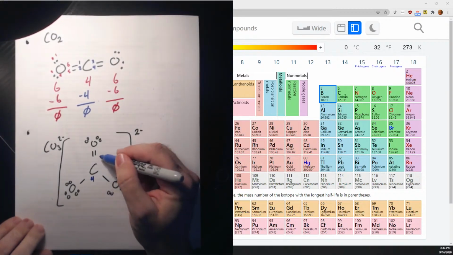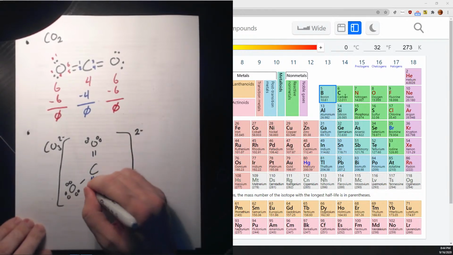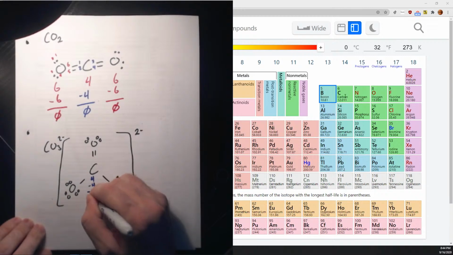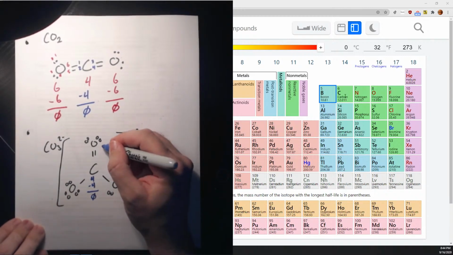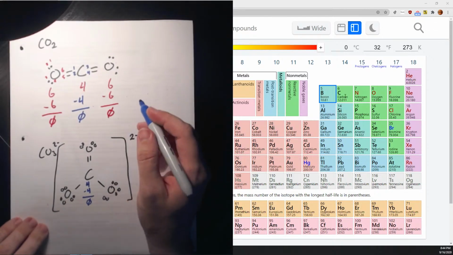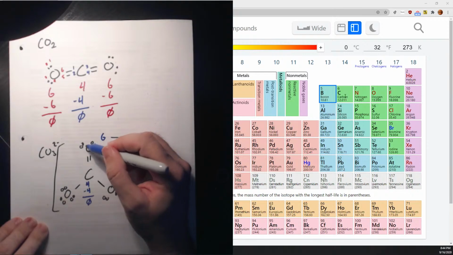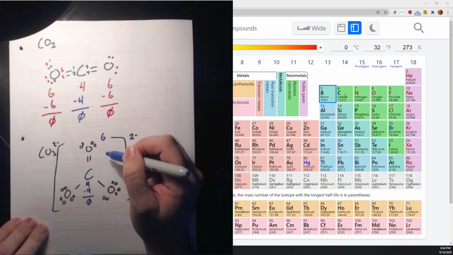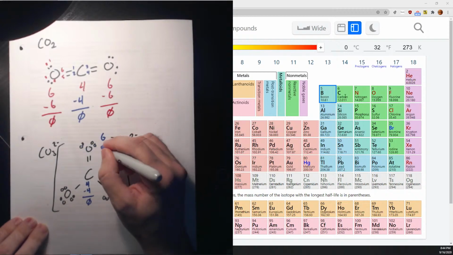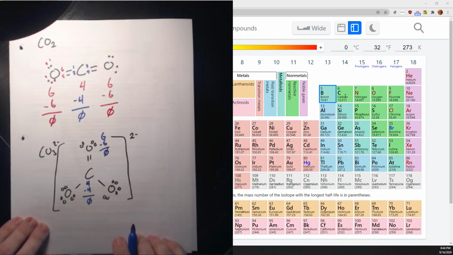And we look at carbon, it sees 1, 2, 3, 4 bonds. Each bond only gives it 1 electron, so it owns 4 electrons, giving it a formal charge of 0. Now this oxygen, up here, it looks around it and started with 6. It sees 2 and 4 from the lone pairs, and then 1 and 1 from each of the bonds, so 2, 4, 6 valence electrons around itself, giving it a formal charge of 0.